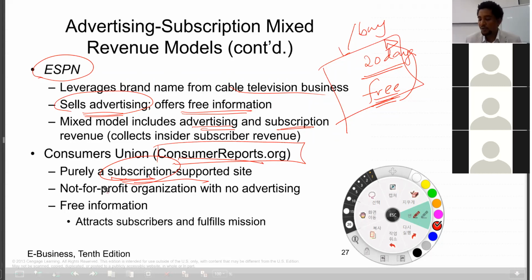So they don't charge for advertising. They don't advertise unless it is for their own fundraising. So consumerreports.org requires their followers or people who want to view their website to subscribe for a fee, which means you have to pay some money per month or per year, but they do not advertise. So that is the subscription only revenue model, right?